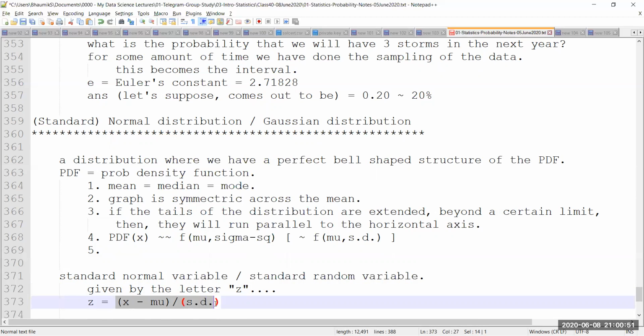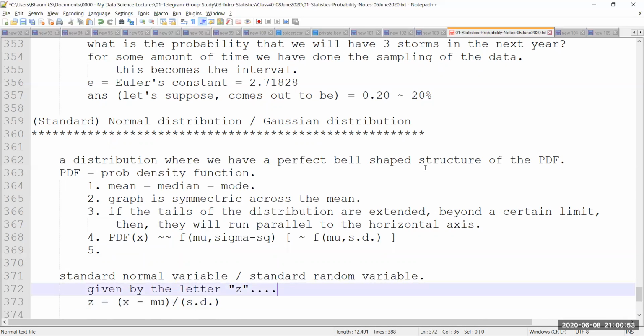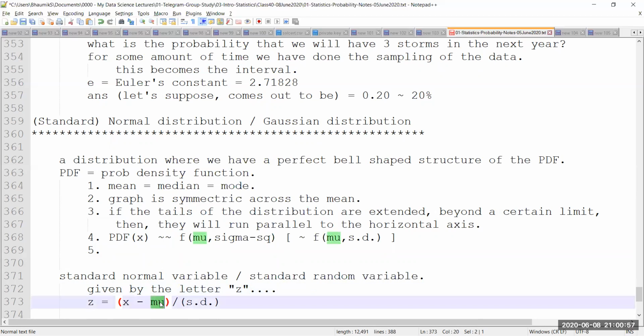If I put that number over here, I see the distribution. Or I put the combination of mu and sigma square or mu and standard deviation into a function, and then I come to know about the probability density function, which is a normal curve, which is a bell curve.